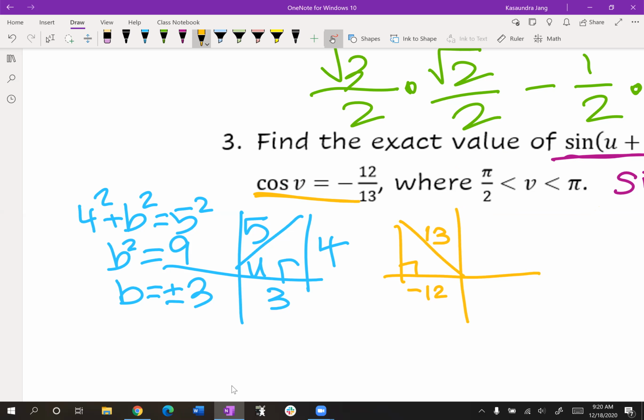All right, so for angle v, I've got 2 sides again. We're gonna have to find our missing side, which this y value should end up being a positive y value in the second quadrant. All right, so I'll do my Pythagorean theorem again.